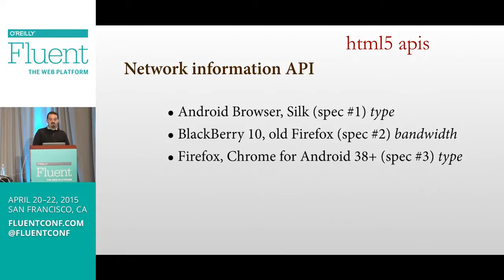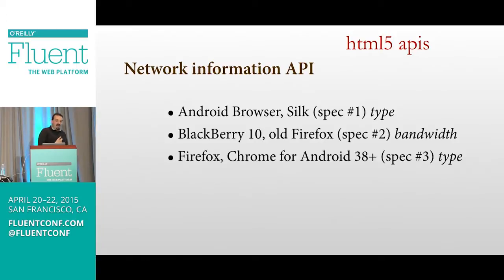The Network Information API, it's another HTML5 API that you can use. Unfortunately, it has 3 different versions of the API, 3 different specs, okay, with the same name, different timing. And we have browsers using one API, okay. The spec number 1 will give you a type value that will say, okay, I'm in Wi-Fi, 2G, 3G. Then the spec number 2 will give you the bandwidth estimation, okay.